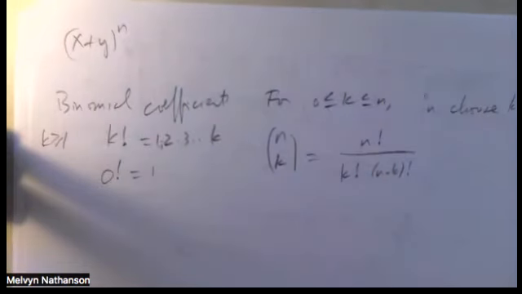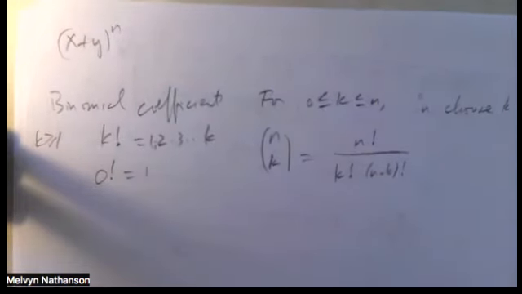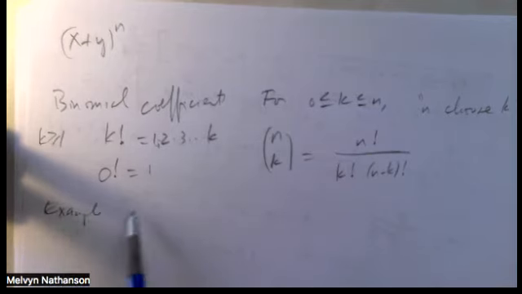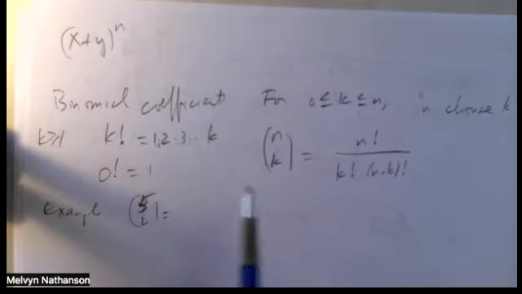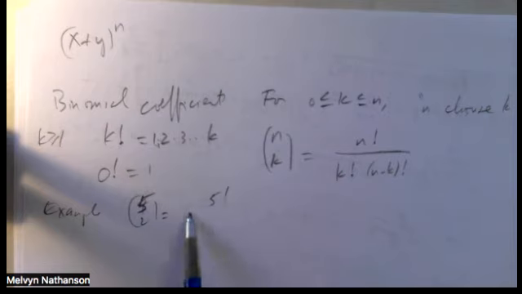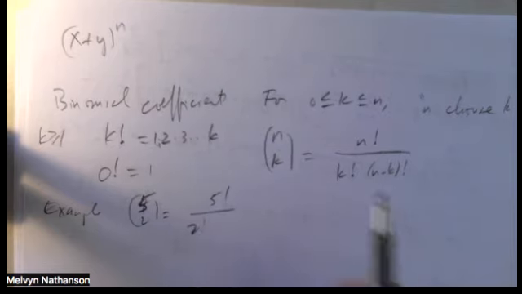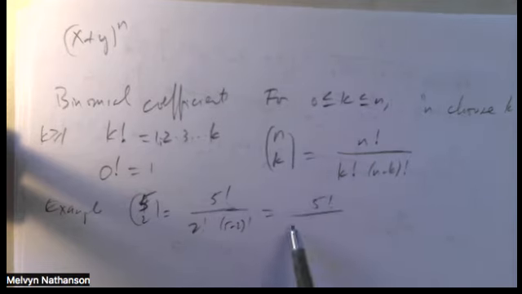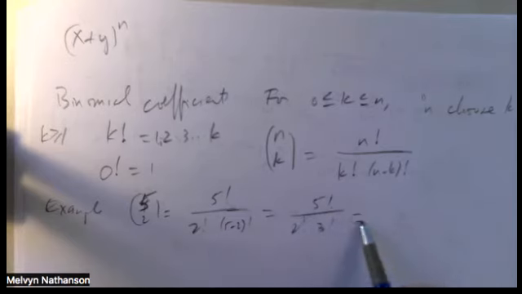If you haven't worked with or even seen these numbers before, they're very important. For example, let's just do some examples. 5 choose 2. This is 5 factorial over 2 factorial, 5 minus 2 factorial. 5 minus 2 is 3, so that's 3 factorial.